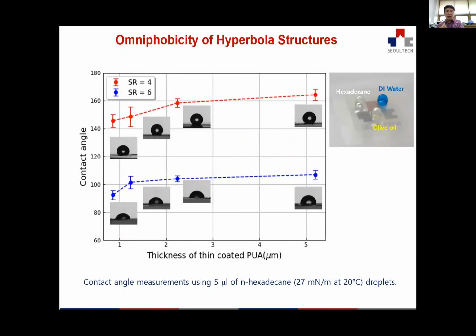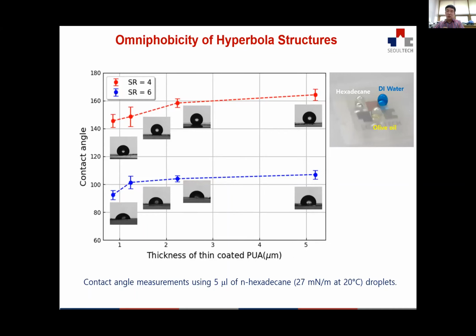So I explained the mushroom structure or hyperbola structures could be used for oleophobic or oil-phobic surfaces. So after the preparation of the hyperbola structures with different thickness of the liquid polymer and a different space ratio, as you can see, the contact angle with the hexadecane is very, very high when we use the dense hyperbola structures.